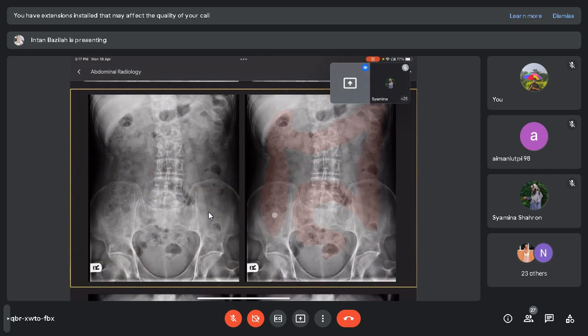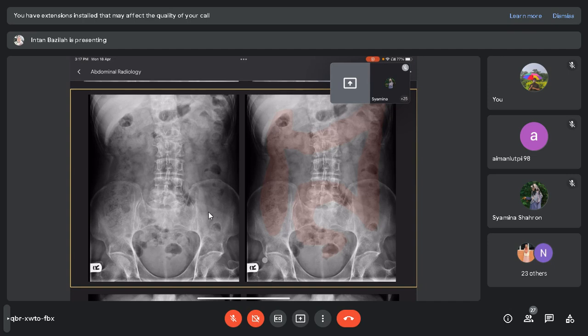You can see this is the cecum, ascending colon, hepatic flexure, transverse colon, splenic flexure, descending colon, sigmoid, and rectum. But on plain radiograph, you might just see this mottled appearance. It's actually feces. These are all feces in the large bowel.